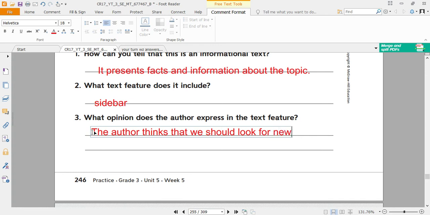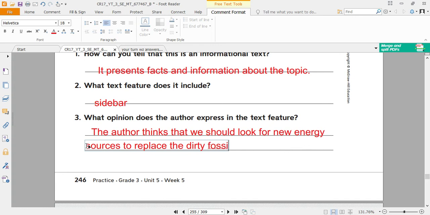New energy sources to replace dirty fossil fuels.